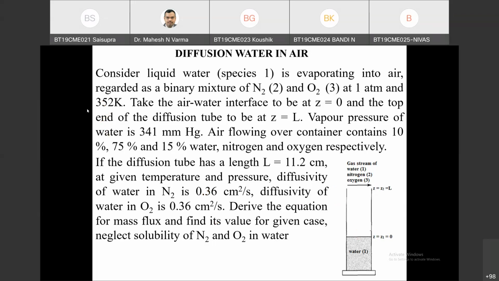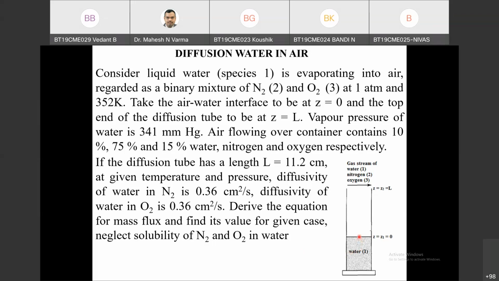Sir, water concentration can be estimated there as P sat by RT. Sir, vapor pressure divided by RT. Very good. P saturated divided by RT. So the concentration of water at the interface will be given by P saturated divided by RT. So how to get the mole fraction here?